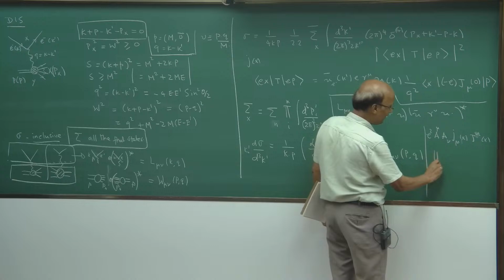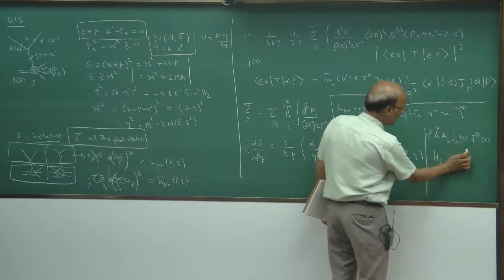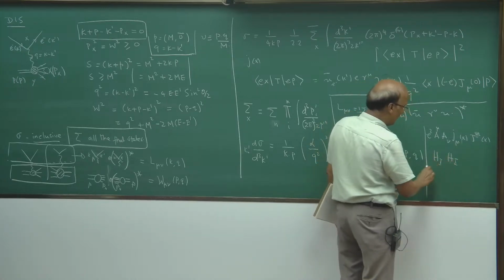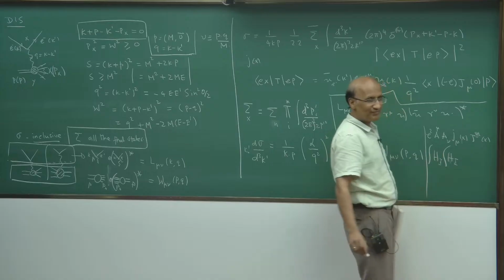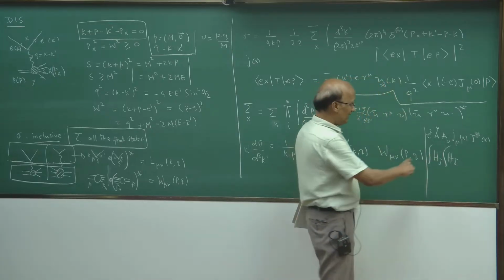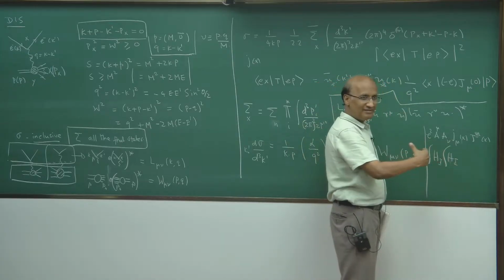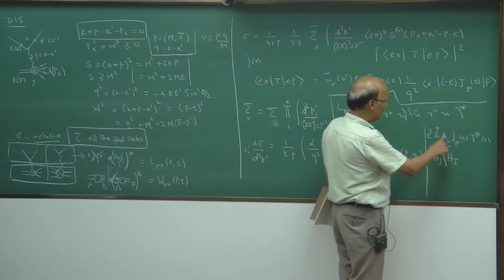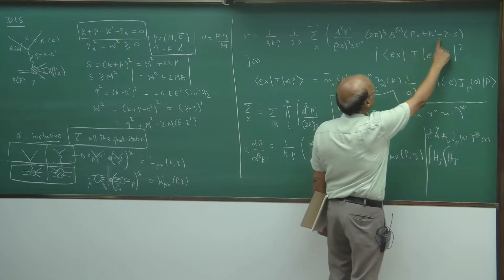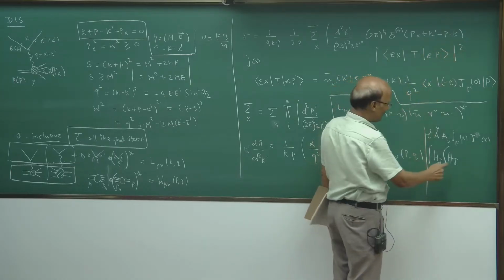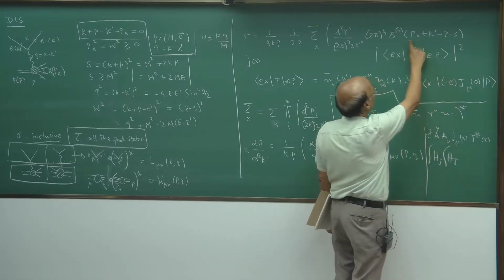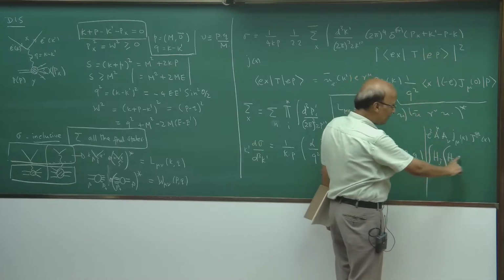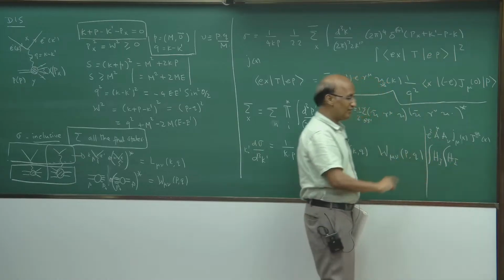This is like a HI times HI, and each HI is an integral, because d4x, and from this you only calculate this transition matrix element. When you perform this integral over x and x prime, the x part will translate to this pk, and then the remaining x prime part will translate to this. Until now there is no Fourier transformation.